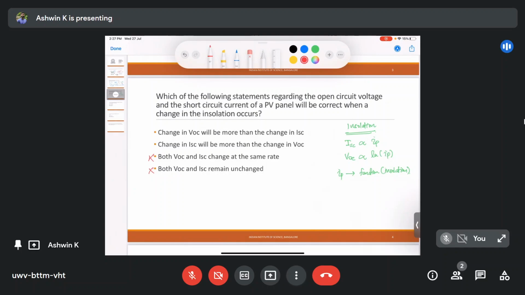So the only option left is that ISC has more change than open circuit voltage. Sorry, so the change in ISC is definitely more than the change in VOC. That is how the third question has to be dealt with.